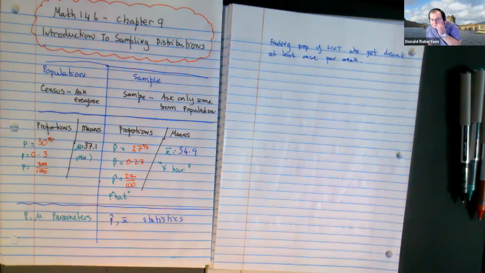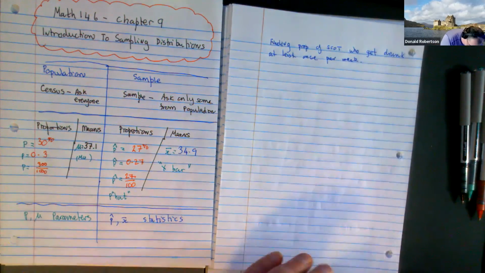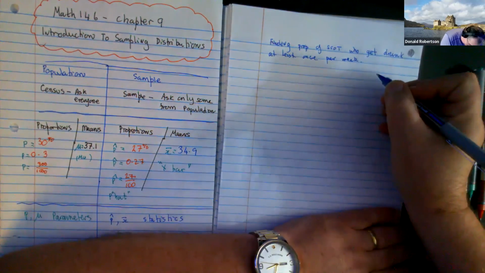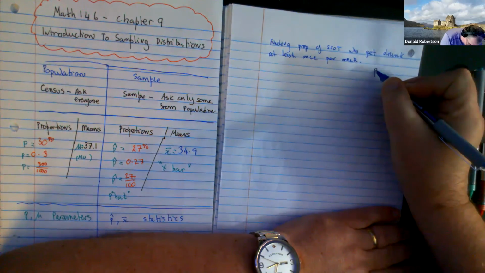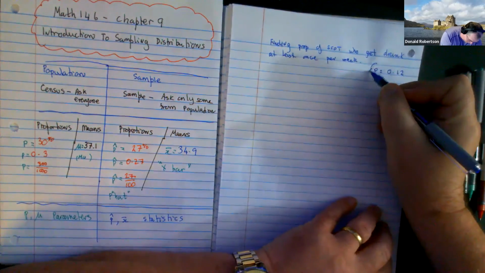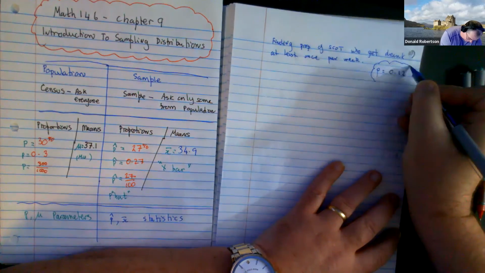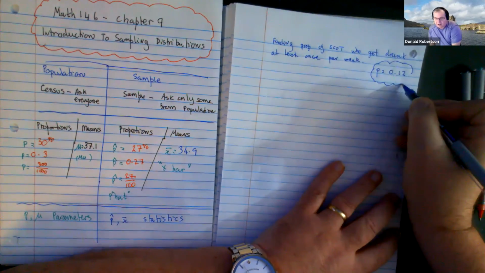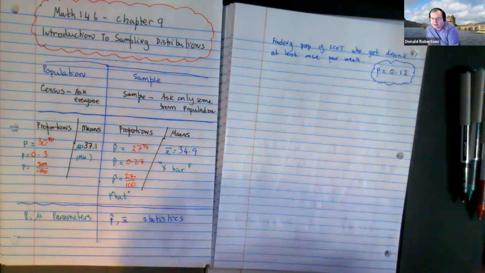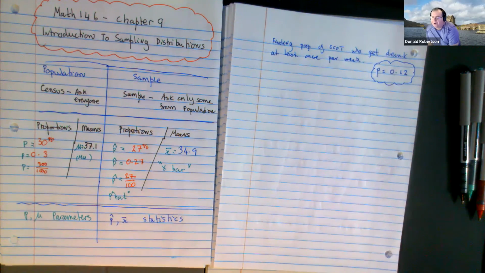Now, you can define what drunk is and so on, but we'll assume everybody knows what they mean when they say they're drunk. And the real answer, the population answer, let's pretend we knew it, which we don't, let's suppose it was 12%. Let's suppose somebody, Bill Gates, gave us a lot of money and we asked every single person and it was 12%. Right.